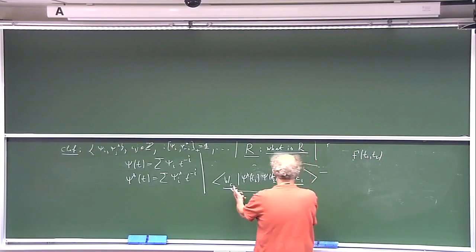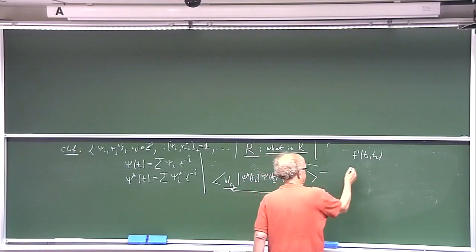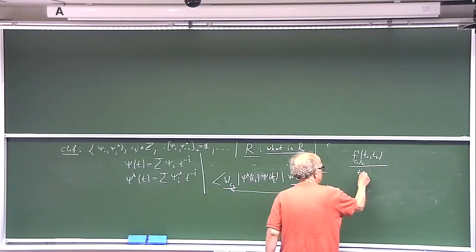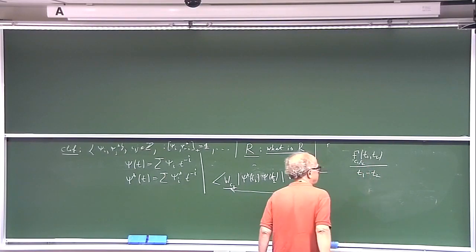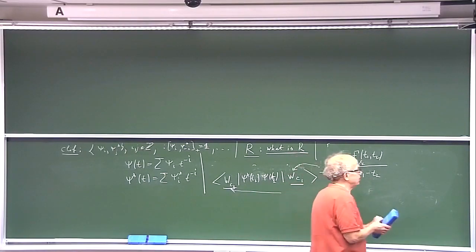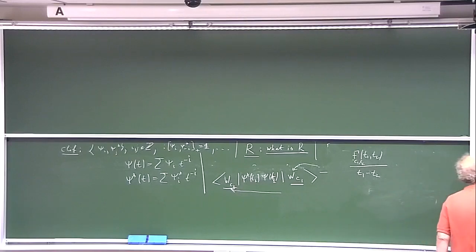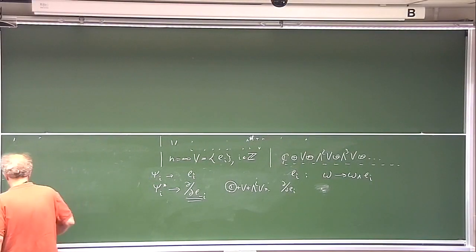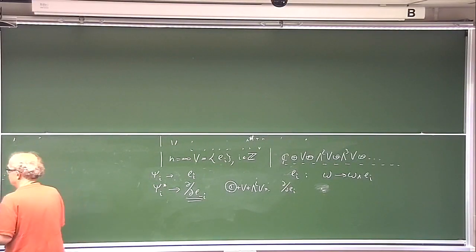In principle this polynomial depends on these two semi-infinite configurations, and we have a pole t1 minus t2 here. What other statement did we have yesterday, which is easily verified in this special basis?